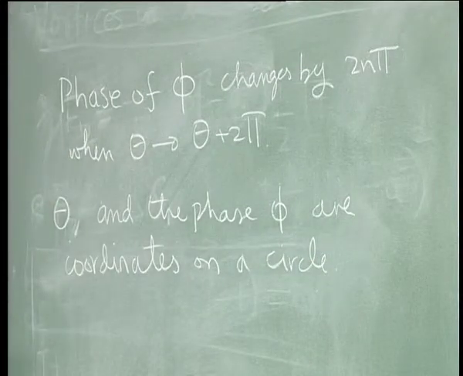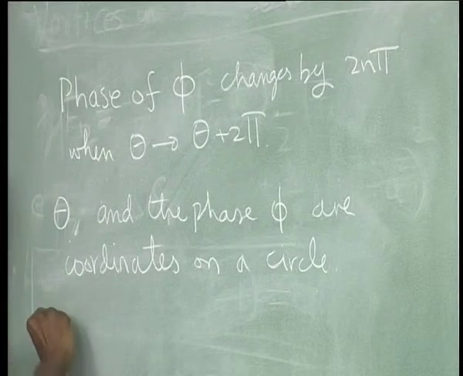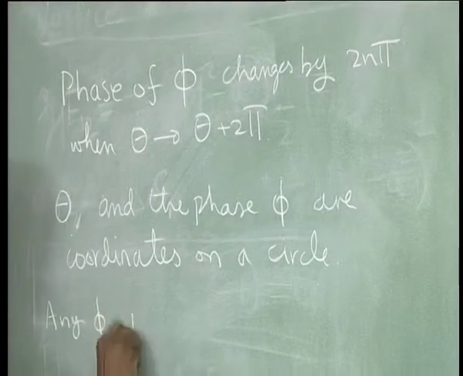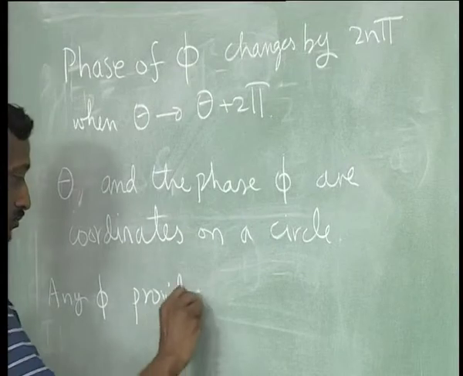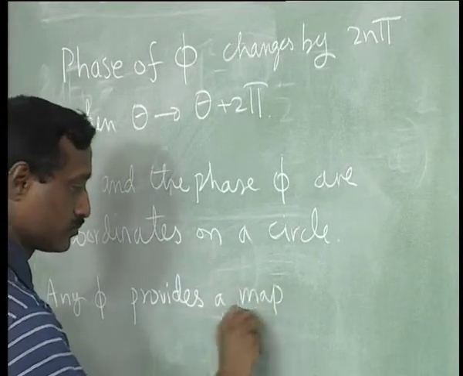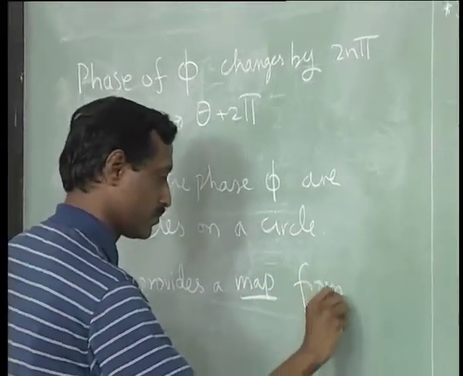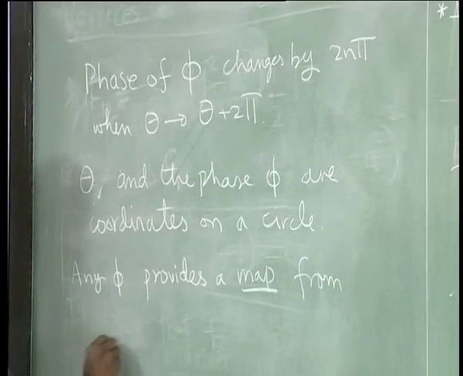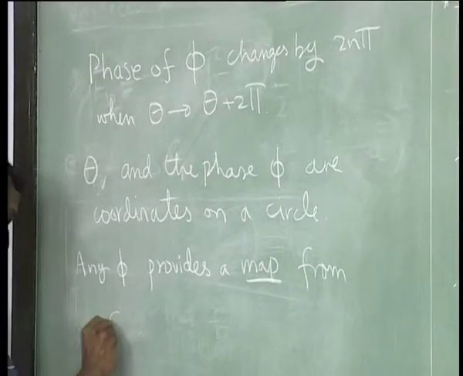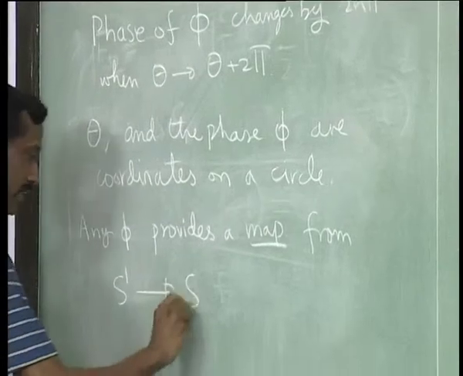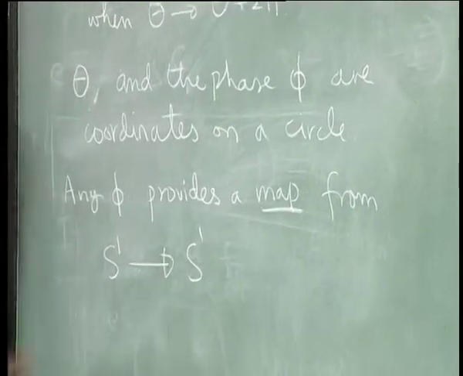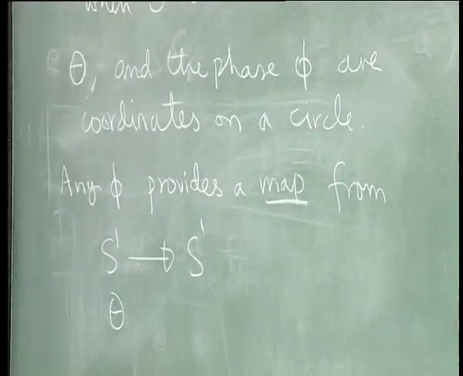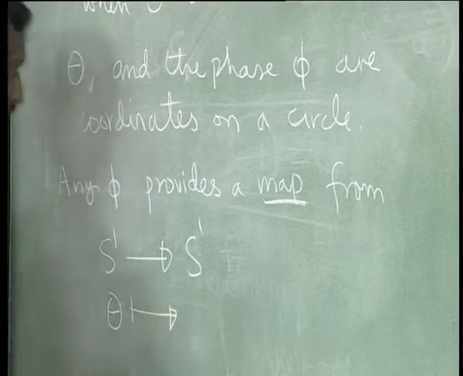Okay. So, if you give me any phi, I can look at its phase at infinity and I get a map. So, any phi provides a map from S1, one circle, to another circle, and the first circle is theta, which gets mapped to the phase of this thing.